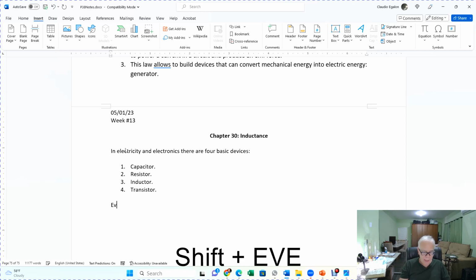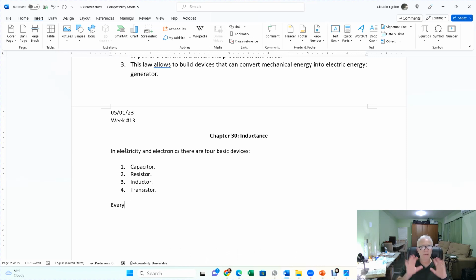Okay? Everything related to electronics that we have is a combination of those four devices. Everything. You combine them in different ways and you get different devices that perform different functions. Okay? Every device, every gadget, right?